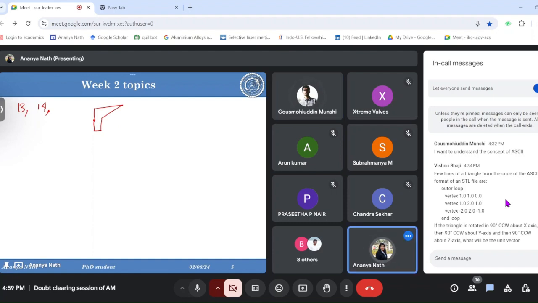If this is the part, okay, this is the 3D part I tried to make.